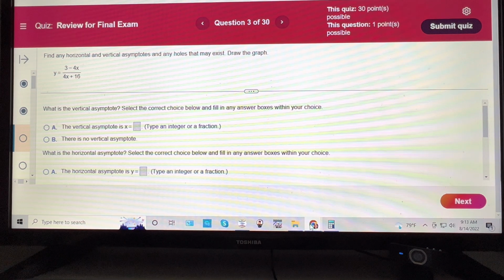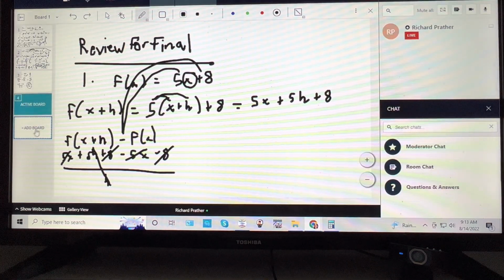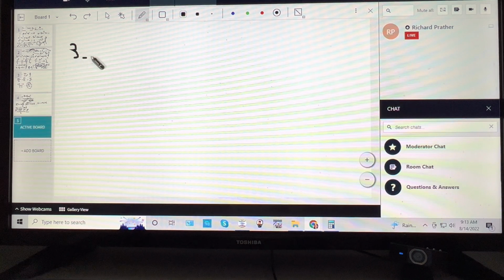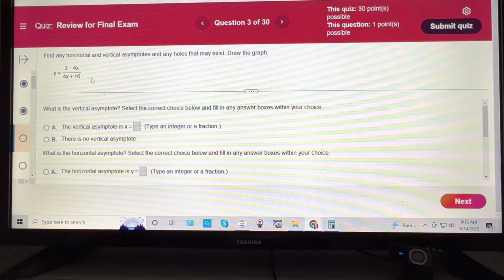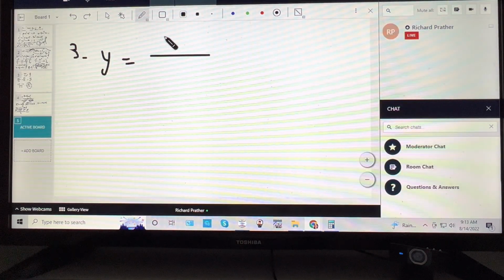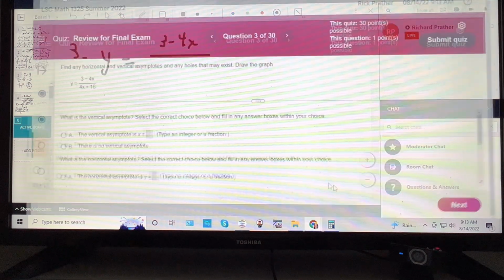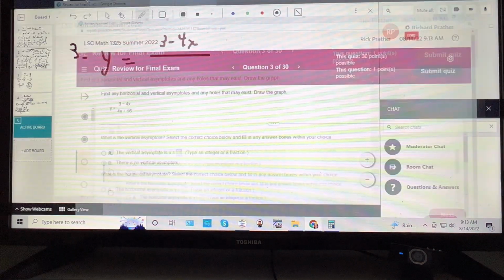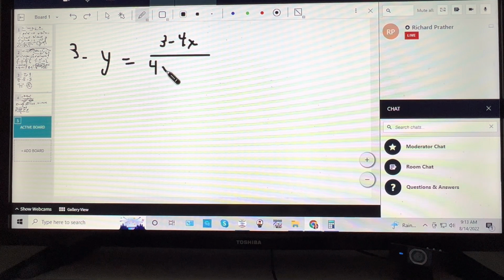Okay, vertical and horizontal asymptotes for rational functions. We got 3 minus 4x over 4x plus 16. Anything that makes the denominator 0 is definitely not part of the domain.